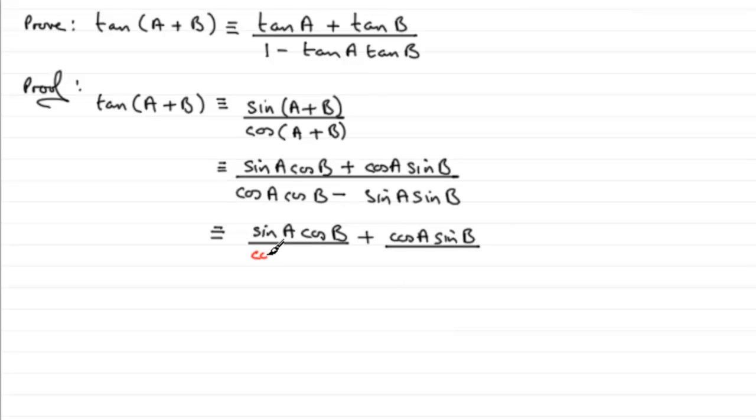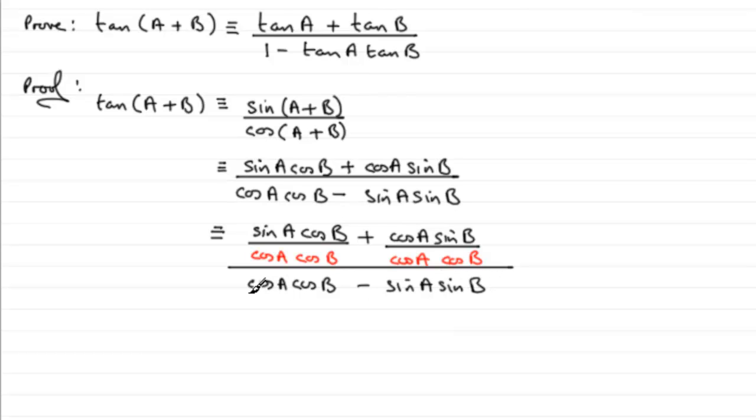So on the top we've got the top two terms divided by cos a cos b, and then when we come on to the bottom here, let's just divide all of that. We've got these two terms here, cos a cos b and minus sine a sine b, and we'll divide each of those terms also by cos a cos b.